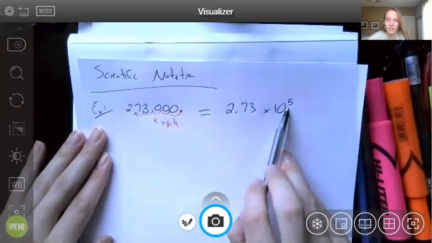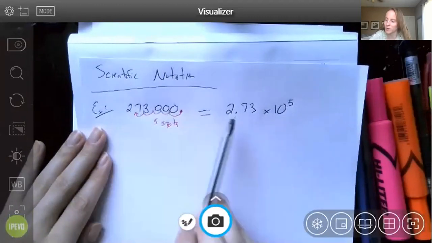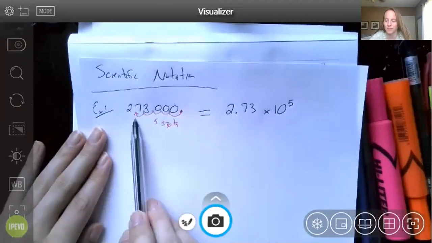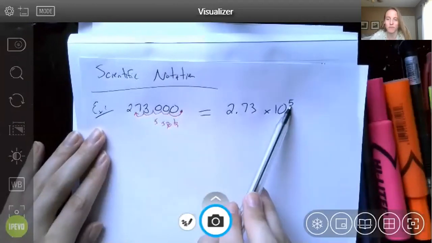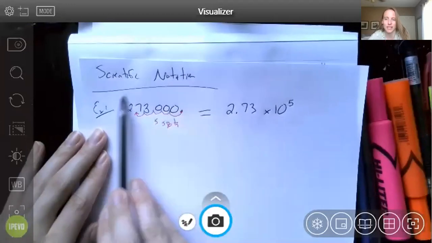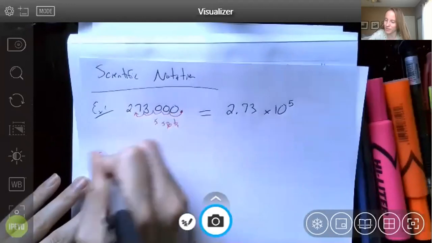Having a positive exponent here tells us that we had a large number which we've made smaller. Okay, so we have moved the decimal to the left. This positive exponent tells us that we would have to move back to the right to get to our original number. Let's look at another example.